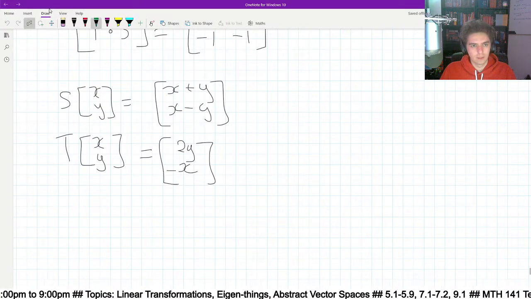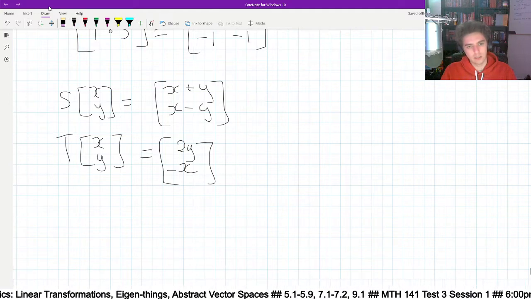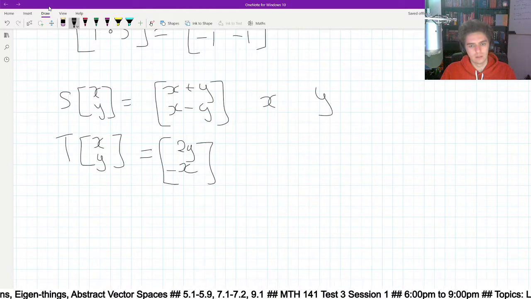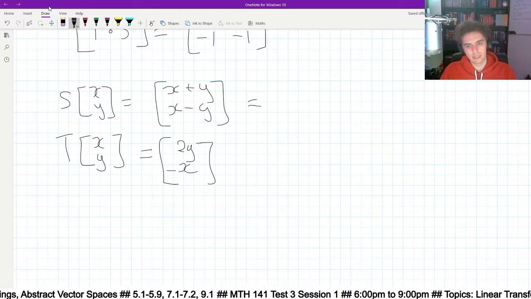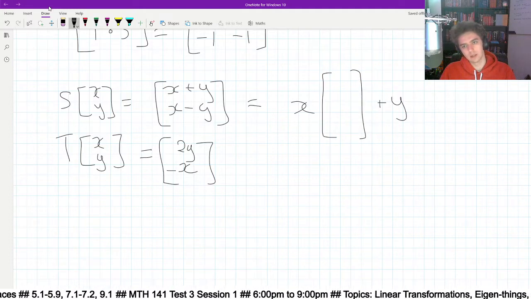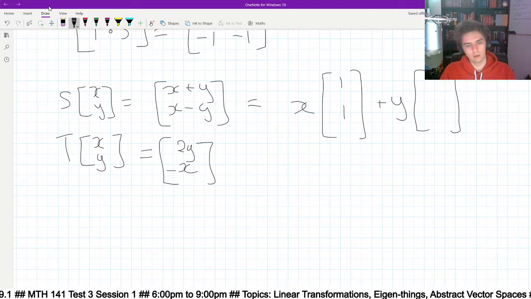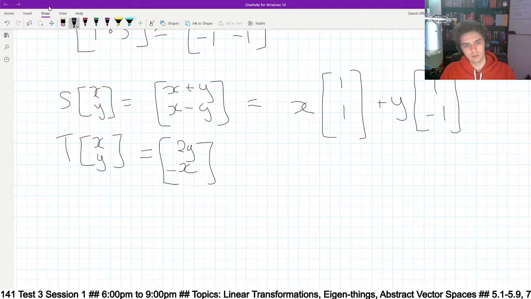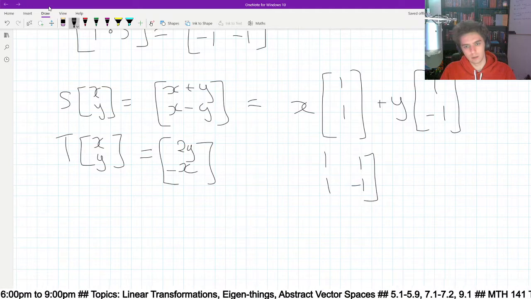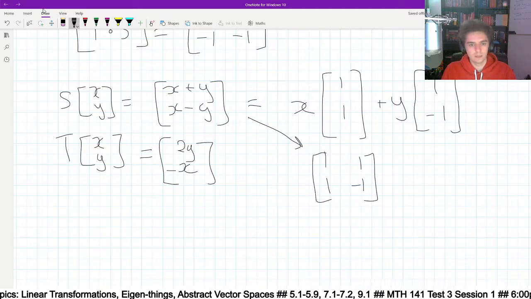There you go. Okay. So I'm pretty much writing this matrix as a linear combination of x and y. Not that the matrix is an x and y, but the variables are x and y. Well, I have 1, 1, there's an x in both of them, and it's 1, -1. And so that 1, 1, 1, -1 is my matrix representation of S. Same thing here.